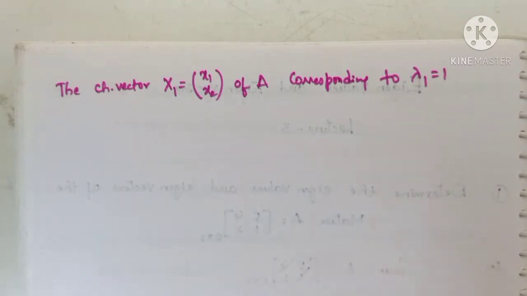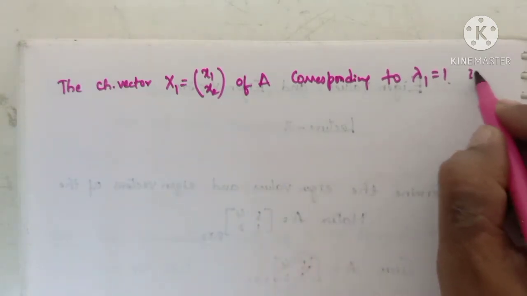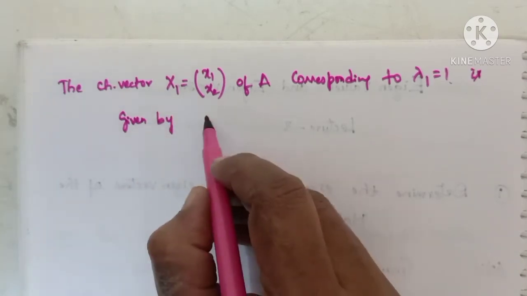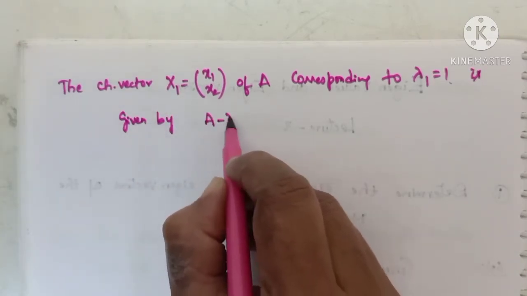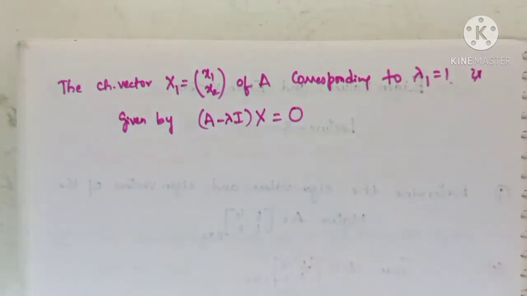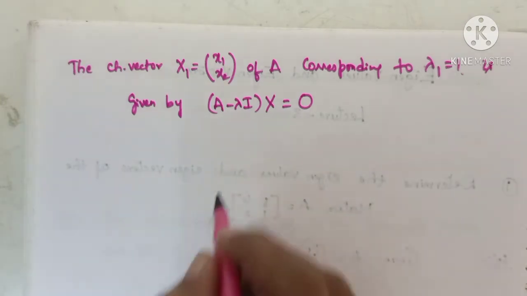The characteristic vector of A corresponding to characteristic root lambda 1 equal to 1 is given by the non-zero solutions of the equation (A minus lambda I) X equal to the null matrix. Now we find the characteristic vector using this equation.